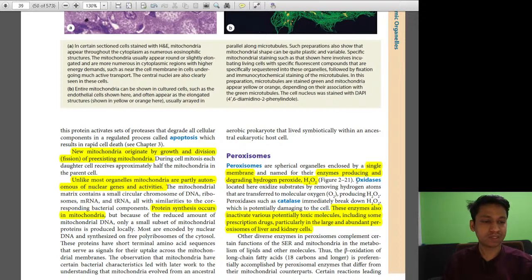So just these two names are important: the enzymes oxidases and catalases. As the name suggests, oxidases, the ASE means we know that it is going to cleave the oxide molecule, and catalase is basically going to break down molecules.